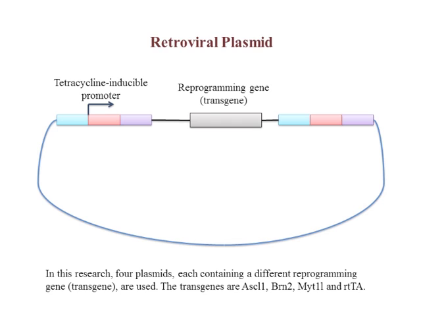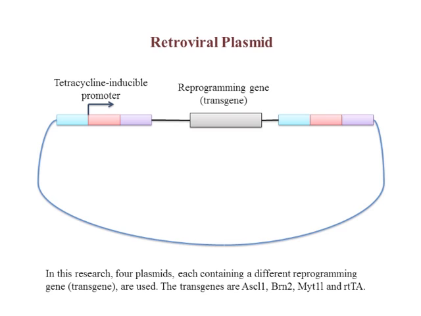In this research, 4 retroviral plasmids are used. Each of these 4 plasmids contains a different reprogramming gene, or as we learned in class, a transgene. The 4 transgenes needed in this process are ASCL1, BRN2, MYT1L, and rtTA.